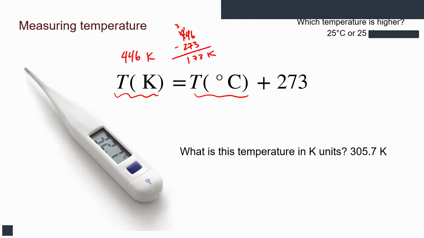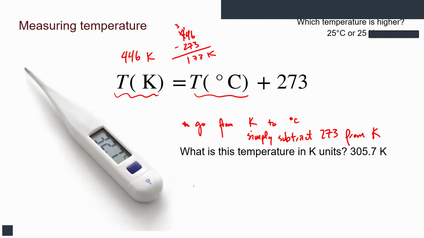So that is the heart of this sort of calculation. To go from K to degrees C, simply subtract 273 from Kelvin.